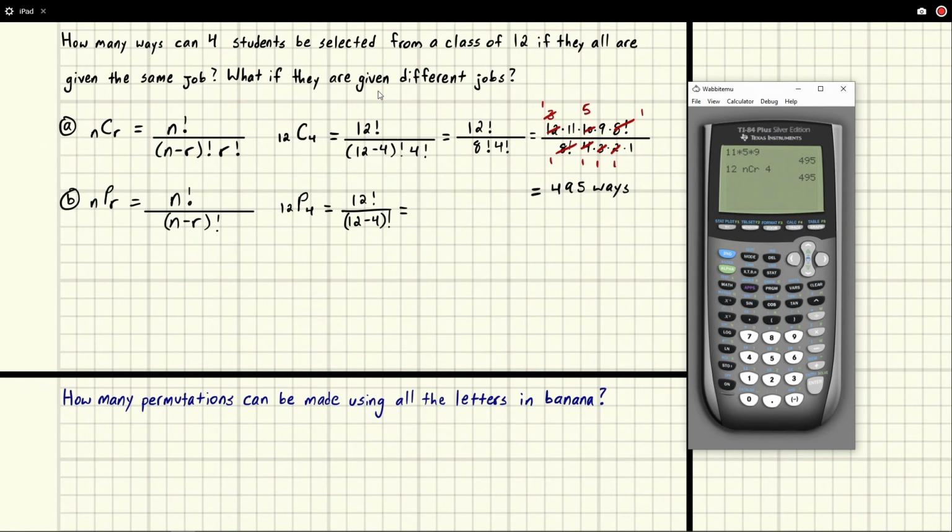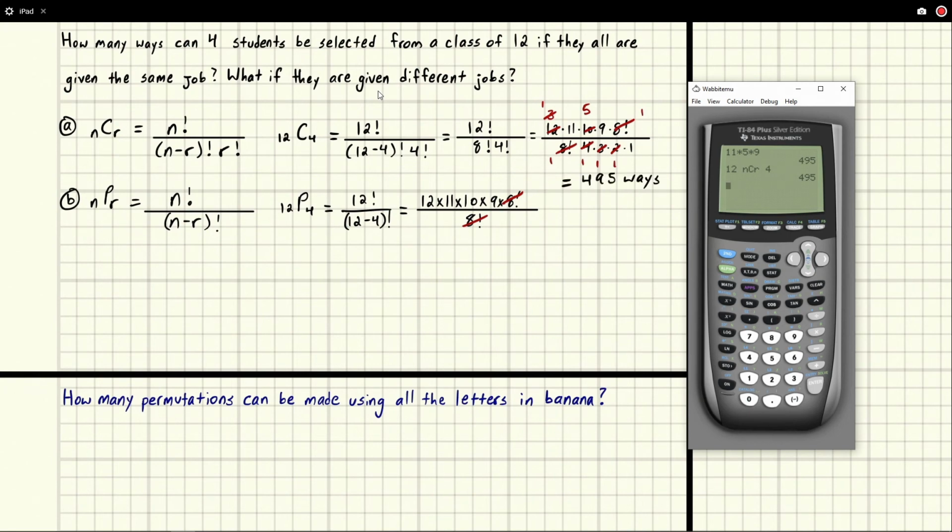So again, we're going to simplify the 12 down to 8. So 12, 11, 10, 9, 8 factorial. And then underneath, we're just going to have 8 factorial, right? 12 minus 4 is 8, and then we have a factorial left. These will simplify out to 1, and you see we're actually going to get a bigger number. Let me move this equals thing over here.